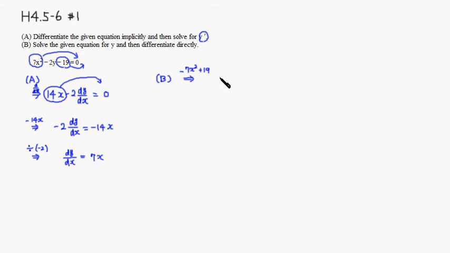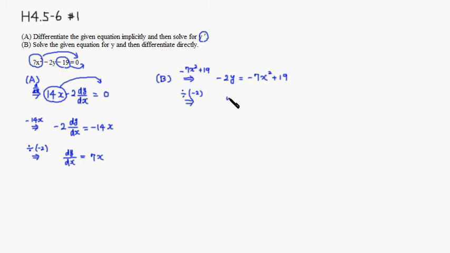So you will get negative 2y is equal to negative 7x squared plus 19. Then divide through by negative 2.